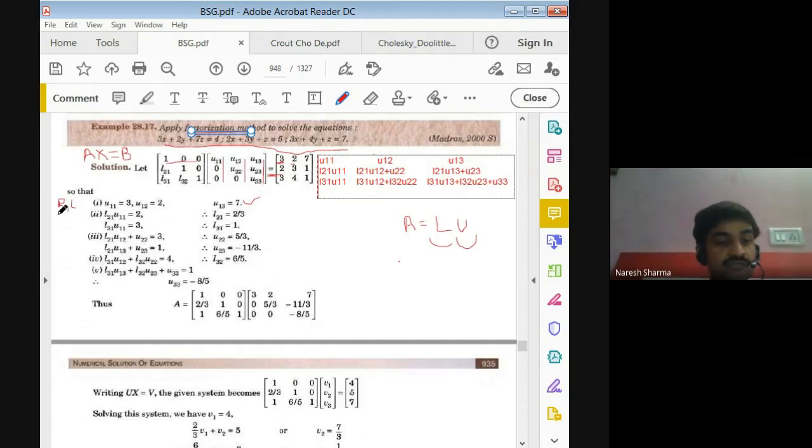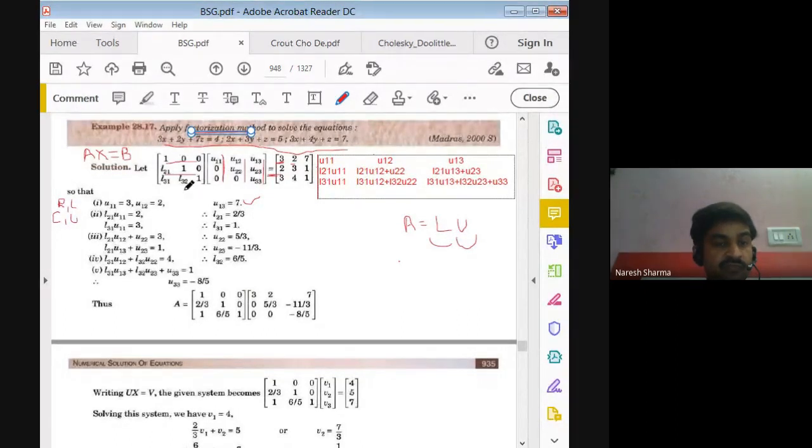Now you can use the first column of your upper matrix. That means you fix this first column, and it can be multiplied with the first row, second row and third row. The first row we have already done, so we go with the second row. The second row multiplied with the first column is the 2 1 position, which gives L21 U11.